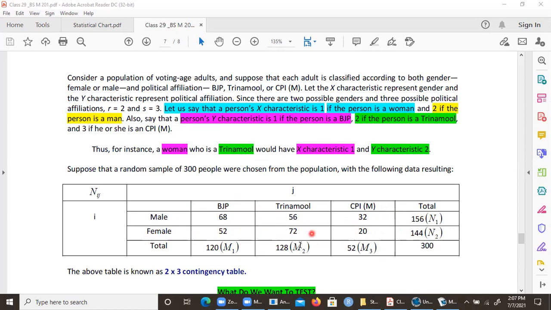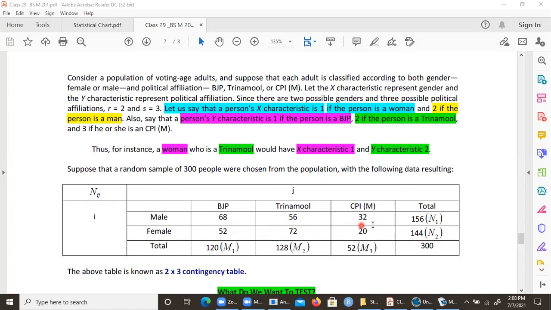Similarly, 72 females are politically affiliated to Trinamool, and 52 females out of 300 are affiliated to BJP, and so on. We have considered this as a chart. The chart clearly reflects the information we obtained by collecting the random sample of 300 people.